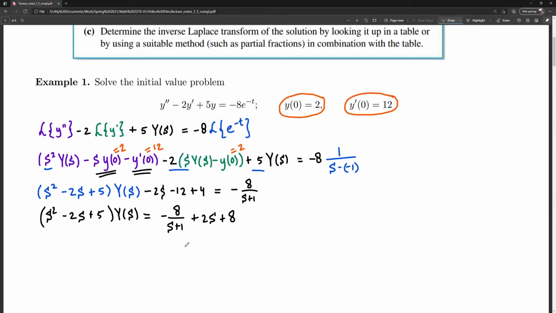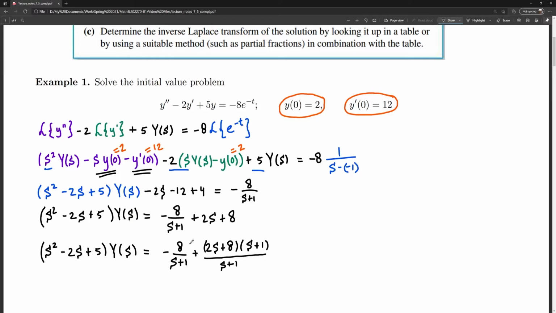Okay, so what we want to do then is write this as a single fraction, and we get s squared minus 2s plus 5 on the left-hand side times Y of s equals negative 8 over s plus 1 plus 2s plus 8 times s plus 1 over s plus 1.